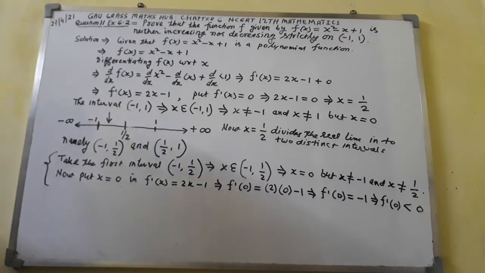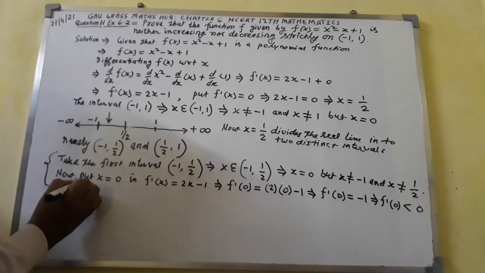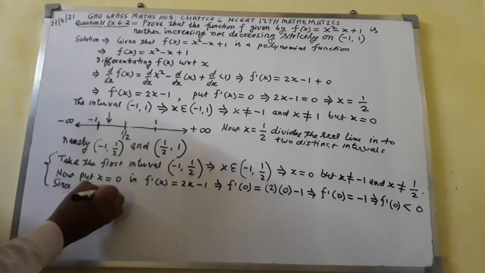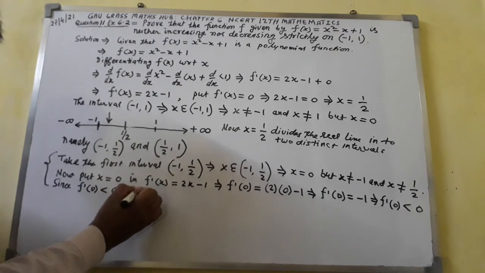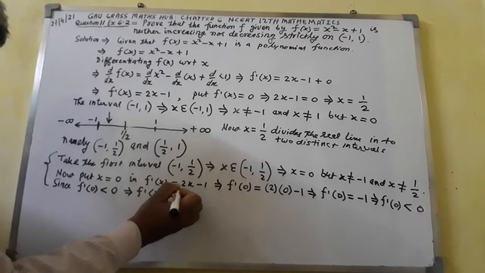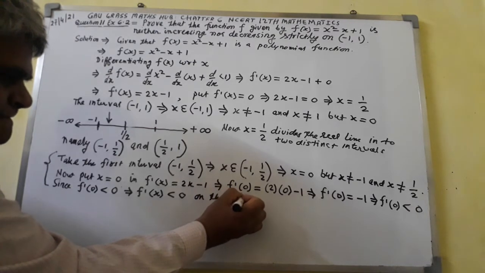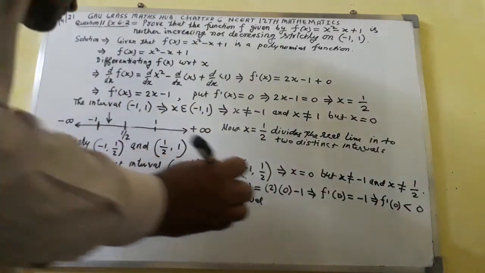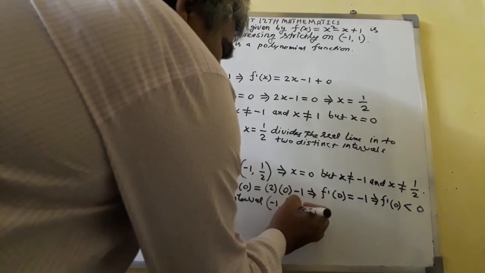One line I shall read: since f dash of 0 is less than 0, it implies that f dash of x is less than 0 on the open interval -1 comma 1 over 2.